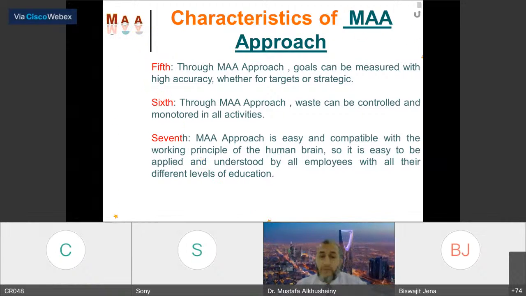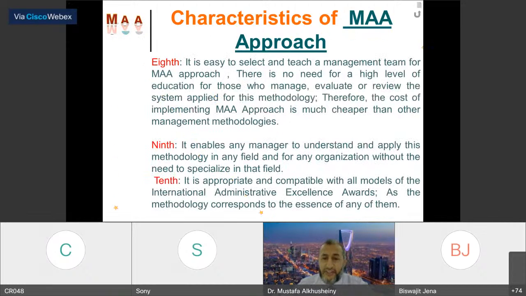Through my approach, it's easy and compatible with the working principle of the human brain, so it is easy to be applied and understood by all employees with all their different levels of education. It is easy to select and teach a management team for my approach. There is no need for a high level of education for those who manage, evaluate, or review the system applied for this methodology.